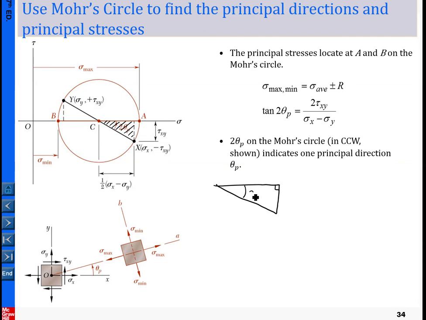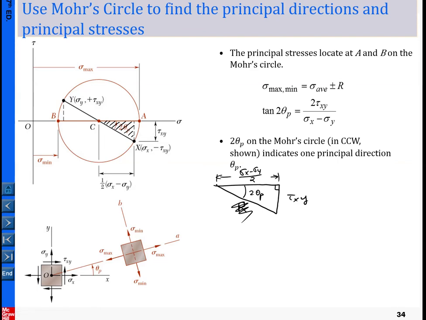So this angle is 2 theta p, and this is tau xy, and earlier I demonstrated you can use sine, tau xy over r, or otherwise, per the formula approach in the textbook, you can determine this distance here. The distance, if you look at this one, is sigma x minus sigma y divided by 2.